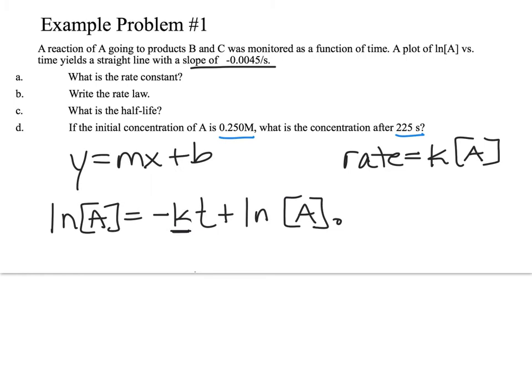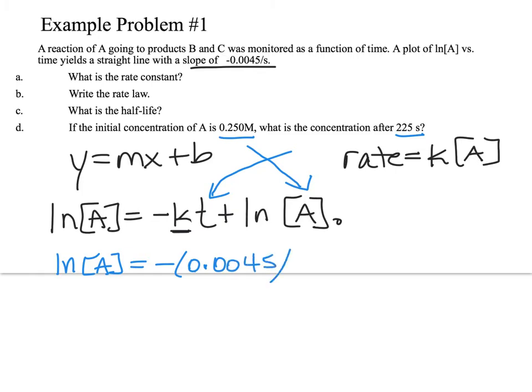I have initial concentration, which plugs in there, and I have time, which goes there. I know what k is because I solved for that previously, and so I just need to plug and chug. ln A is equal to negative 0.0045 per second times 225 seconds plus ln 0.250.